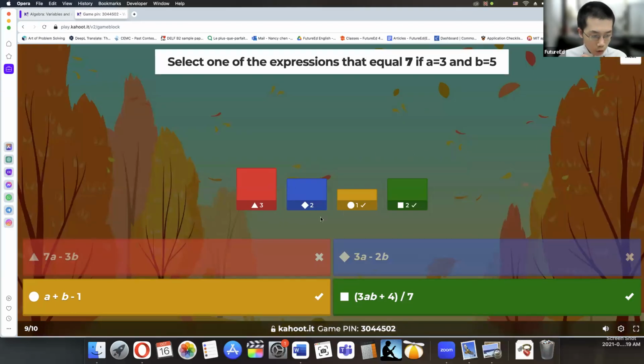I'm not too sure why you guys would choose red or blue, but if you do calculate them, I'm pretty sure red would be 21 minus 9. That's somewhere in the 15-ish region. And then we have 9 minus 10, which is a negative number. So both red and blue, I think, are wrong, while yellow and green should be the correct ones.